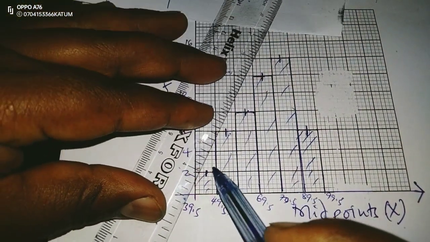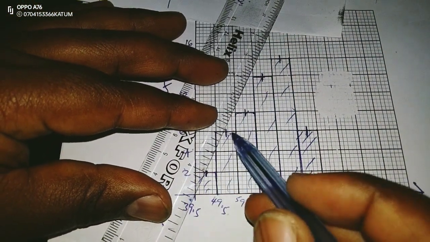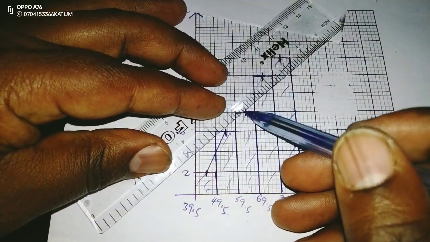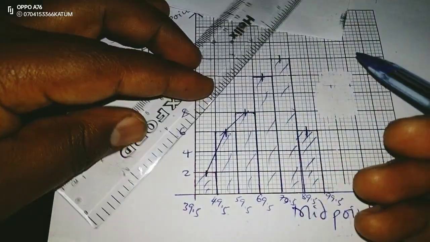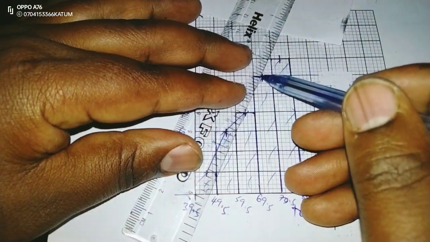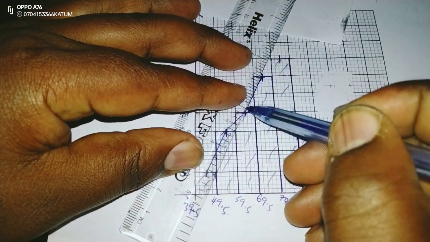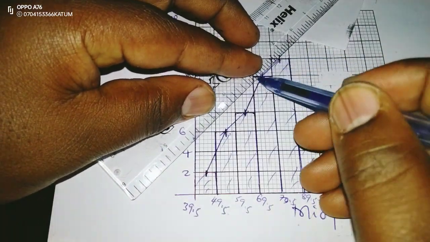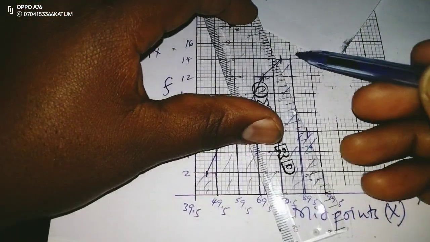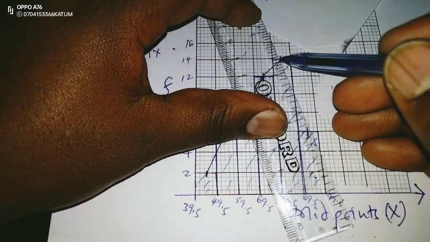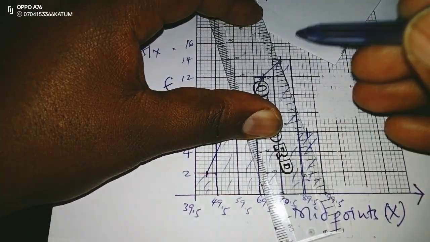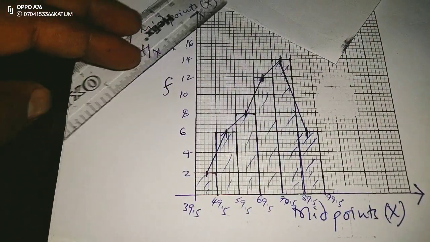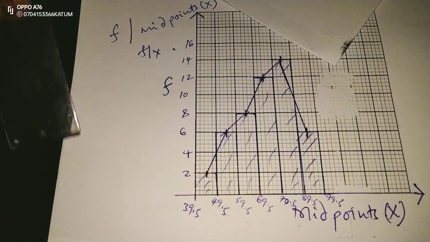So the first midpoint is here, and the next one using a straight line. Then from that one to the next one, from this one to the next one, then from this one to the last one. Now you don't leave it hanging like that.